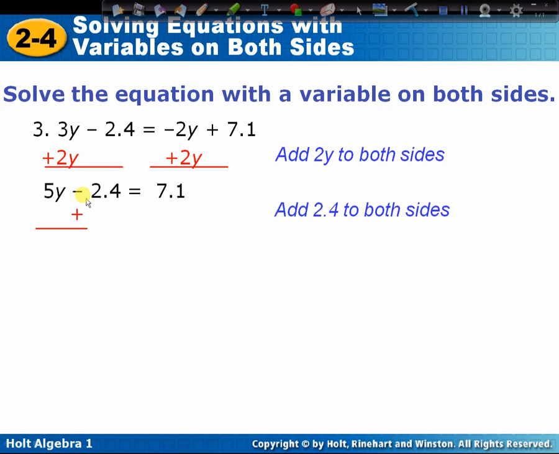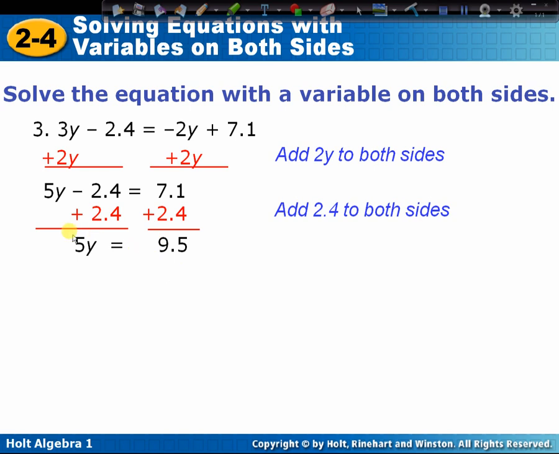So we're going to add 2.4 to both sides, because we always do the opposite to get rid of it, and whatever we do to one side of the equation, we must also do to the other. So here, these are going to cancel, so again, you can put a slash through those. We're going to bring down our 5y, so 5y equals 7.1 plus 2.4 gives me a 9.5.